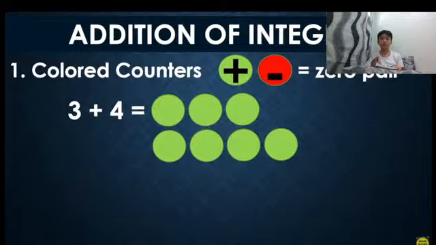We have 1, 2, 3, 4, 5, 6, and 7. Okay. So, we have 7. Now, bakit ito positive? Because the color of this is green. Okay. So, ang kulay niya ay green. And green represents positive integer.